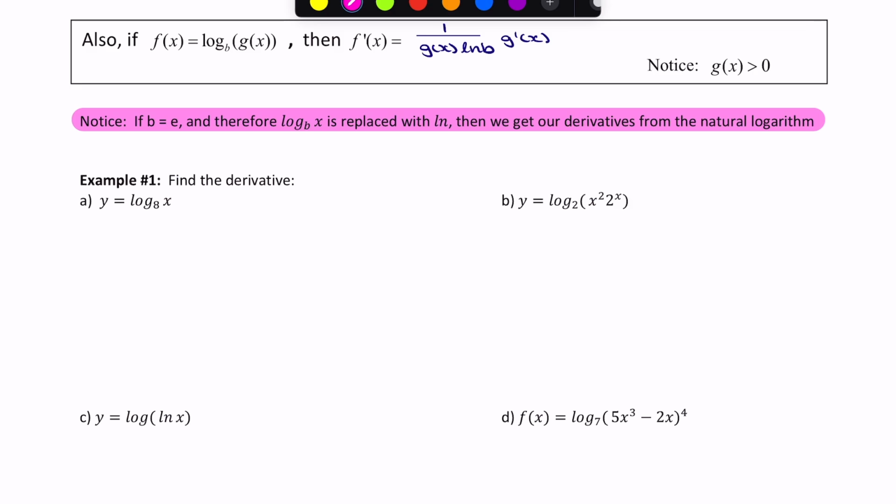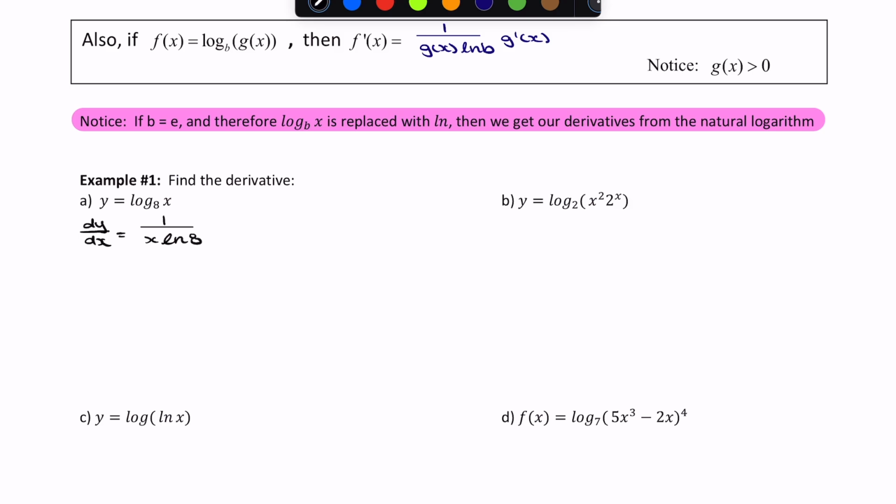So here we have y is equal to log base 8 of x. So here we have dy over dx is equal to 1 over, sorry, x ln 8.